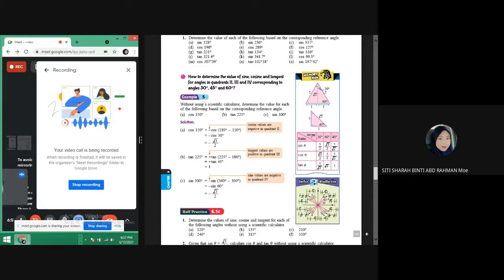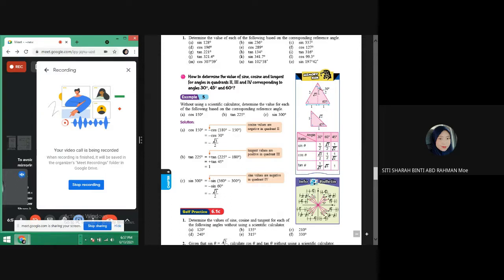If you do not remember these values, you can draw them, you can memorize these two triangles. Just remember the first one, the equilateral triangle, where all the sides are 2 units. And the second one is the isosceles triangle with one unit for two sides.